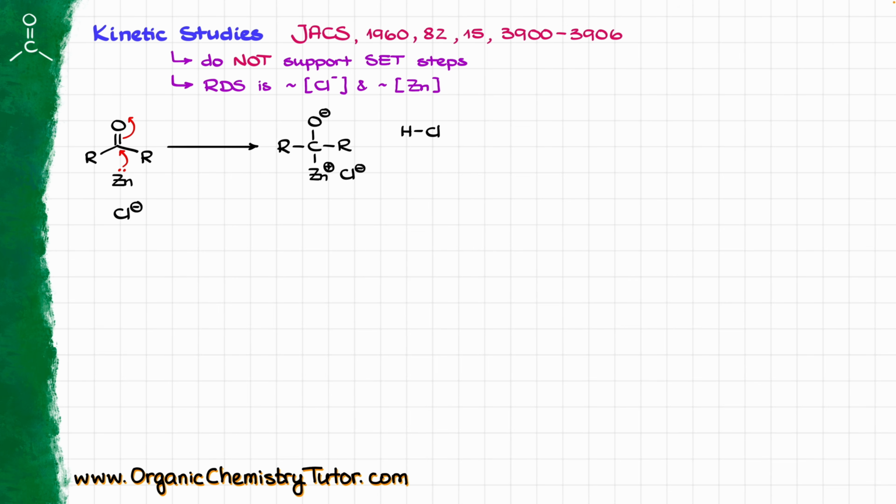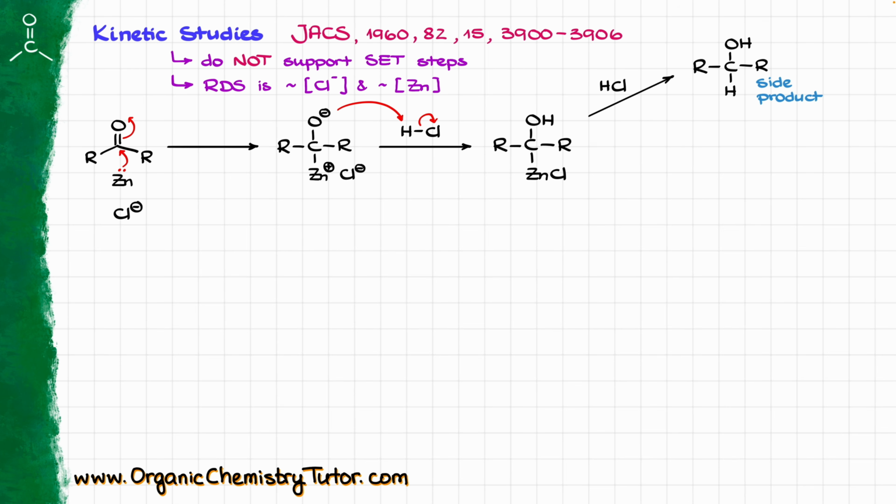And once we have our alkoxide, we are immediately going to do the proton transfer with the HCl. That will give us the following intermediate where we have OH and we have zinc connected to our carbon atom instead. Now, from here, we can have a few well-documented side products. The first one is going to be an alcohol product that is just an interaction of our organozinc with the HCl.